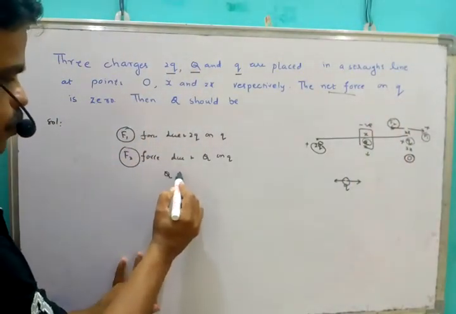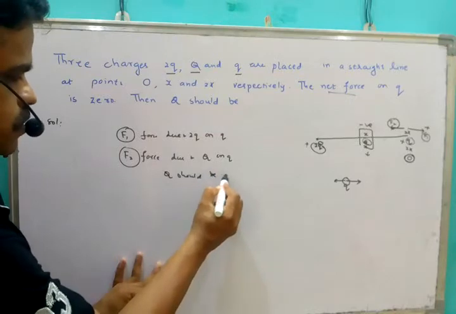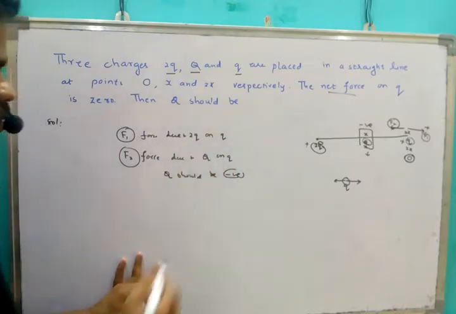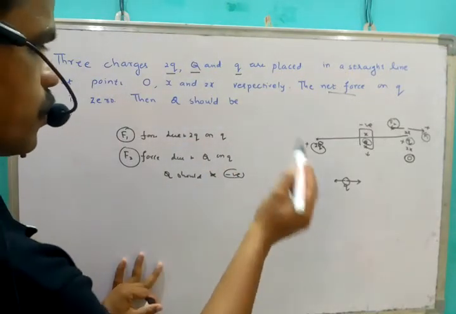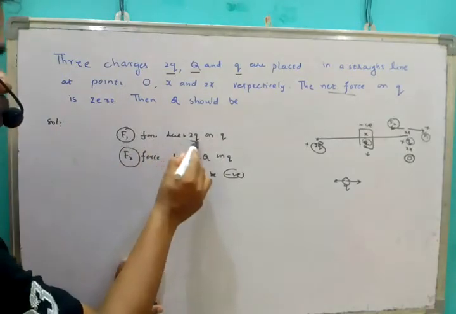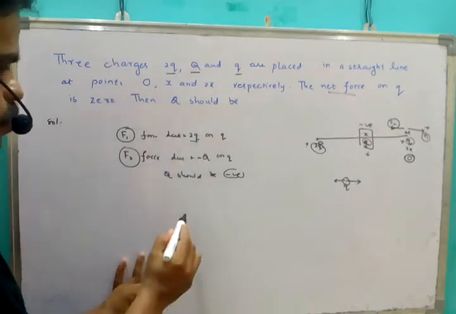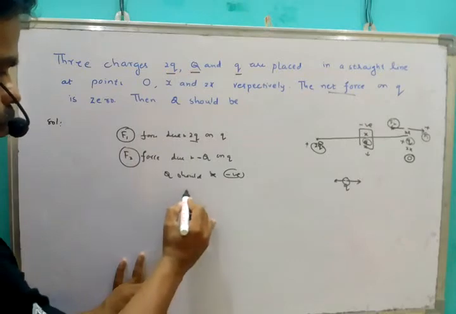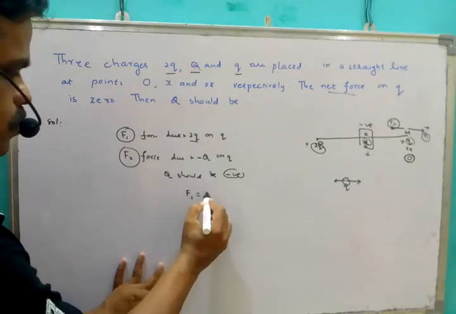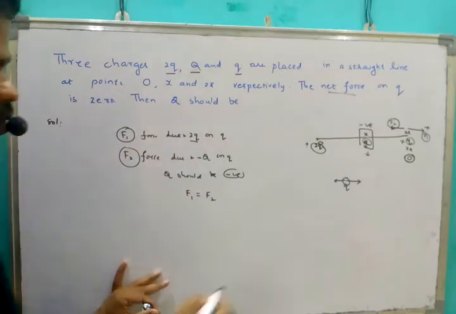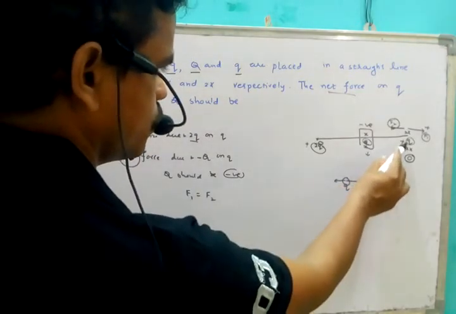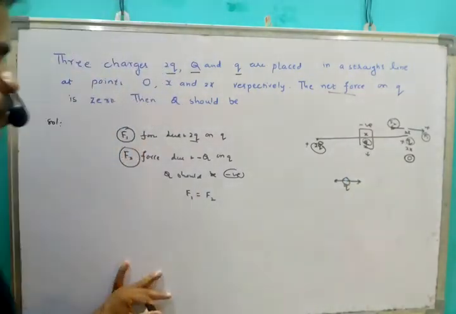So Q should be negative first. The force on q due to 2q and due to minus Q should be equal. So F1 equal to F2. Then only the net force on q due to these two charges will be 0.